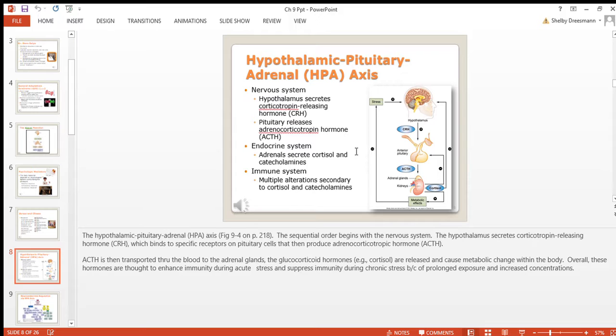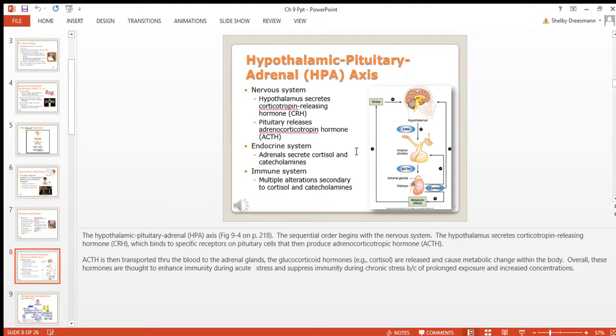Overall, these hormones are thought to enhance immunity during acute stress and suppress immunity during chronic stress because of prolonged exposure and increased concentrations. So, going over that: hypothalamus, CRH, pituitary, ACTH, adrenal glands, glucocorticoids such as cortisol, which is released from the cortex.